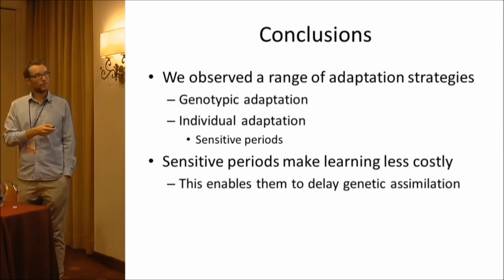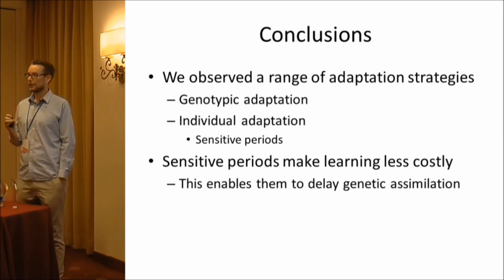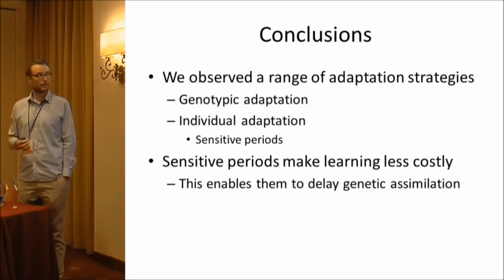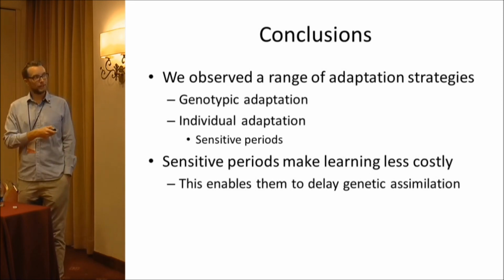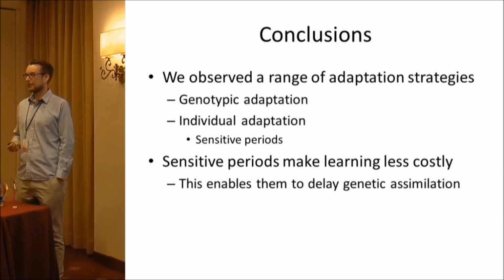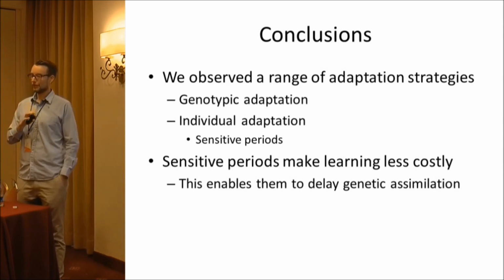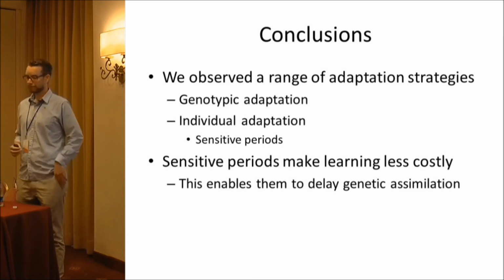And we saw that this sensitive period, by making learning less costly, can make individuals stay open for plasticity, stay open for learning in relatively stable environments. And that means that they can handle changes also in these environments. And then we see the link between sensitive periods and genetic assimilation, in that the sensitive periods really prevent the genotype from assimilating learned characteristics because it allows individuals to stay plastic for a longer time.